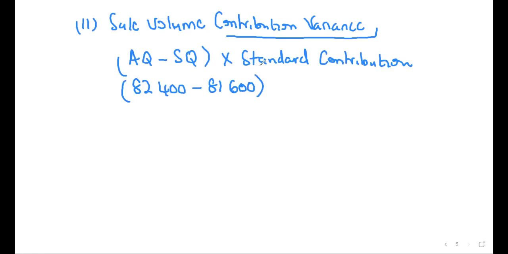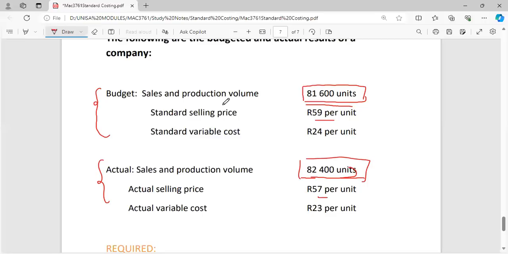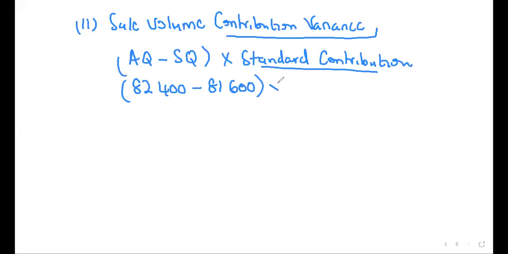Times the standard contribution. When you go to your standard contribution, you calculate it from the budget, the standard selling price and the standard variable cost. So that is going to be your standard contribution: 59 minus 24. So we're going to say times 59 minus 24.